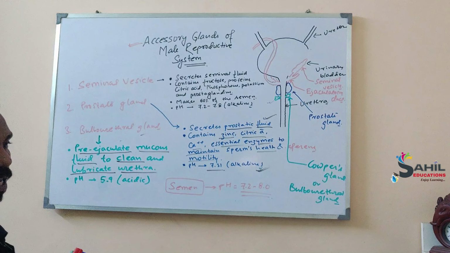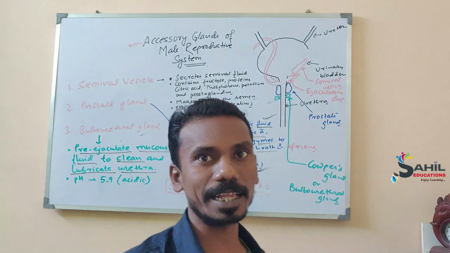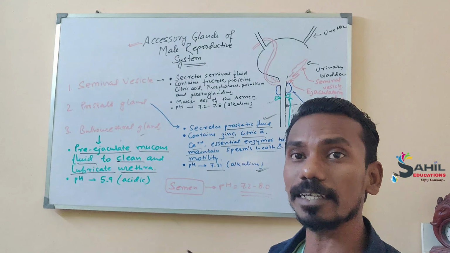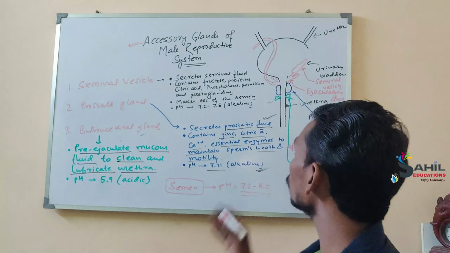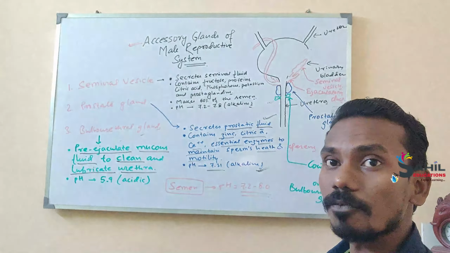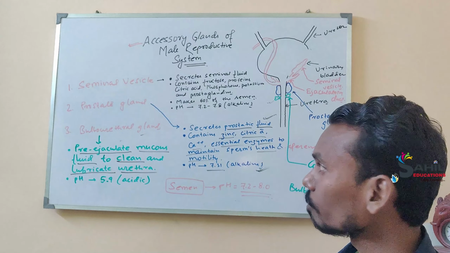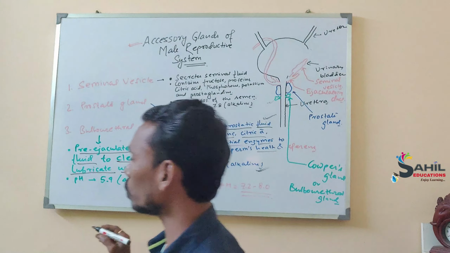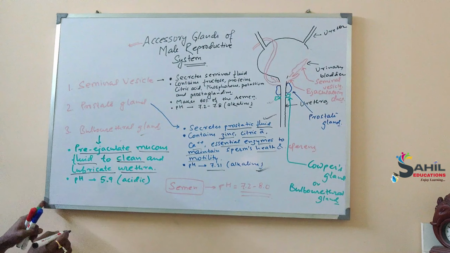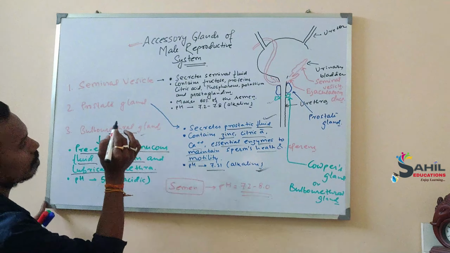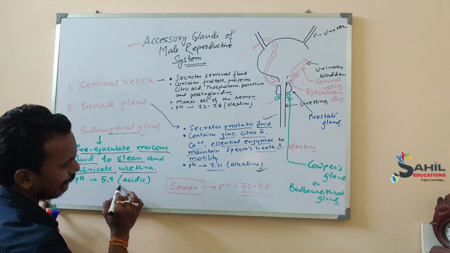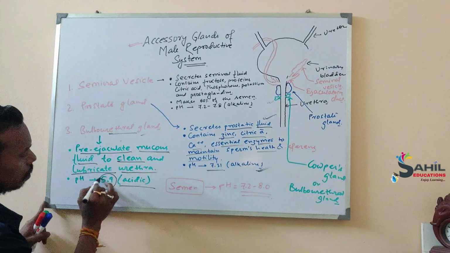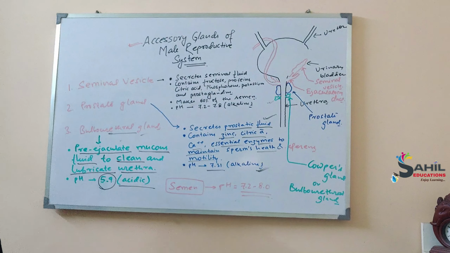So that special function is to clean and lubricate the urethra so that the semen comes out through the urethra very easily. If we talk about the acidity or basicity of this pre-ejaculate mucus, it is acidic, and the pH is approximately 5.9.